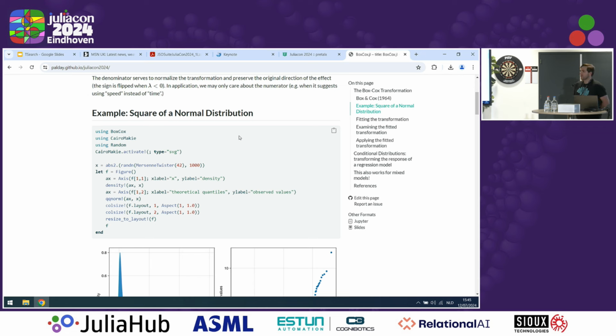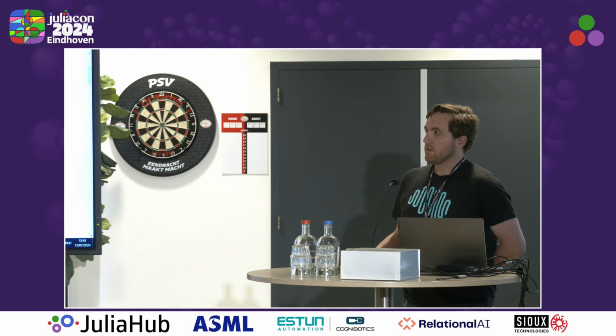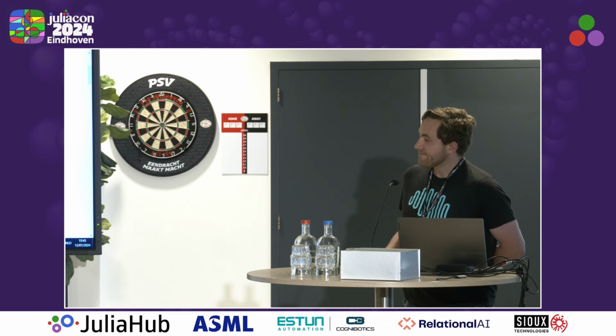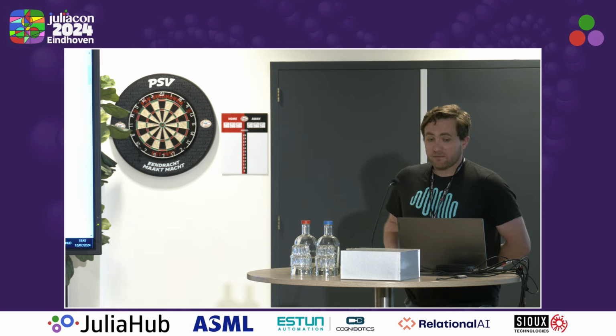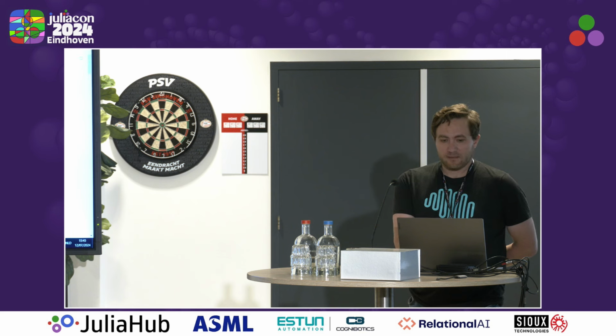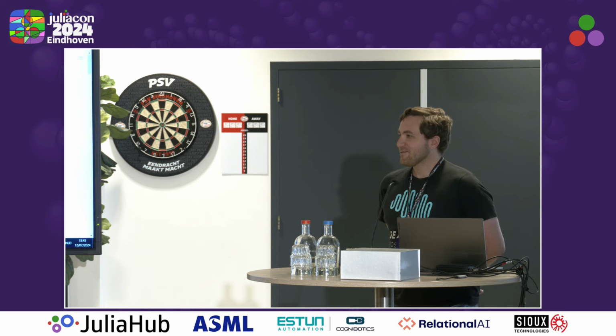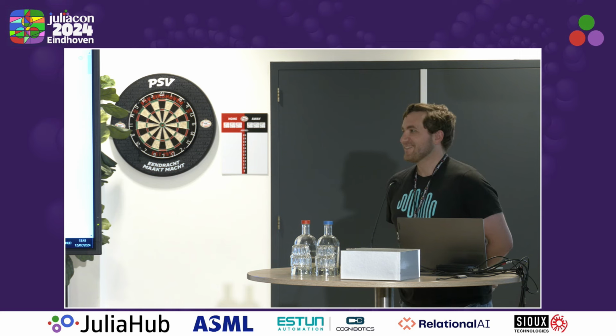So this suggests maybe you should take the log of the data, maybe you should take the reciprocal, maybe you should look at the square of the data, and this will help you figure that out. So that's the idea behind it. It's actually a very old technique, from 1964, and it's not really taught anymore, unfortunately. But I think it's pretty cool.